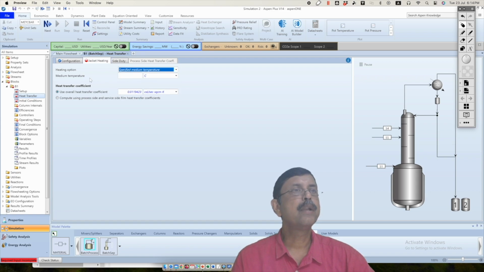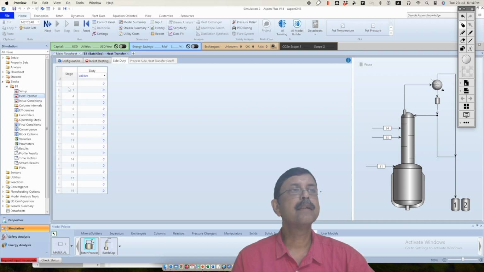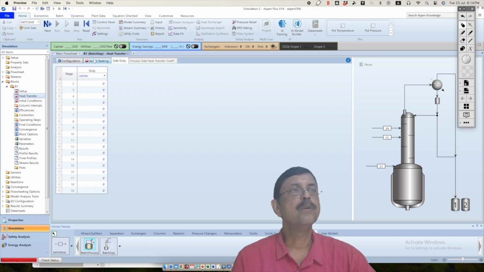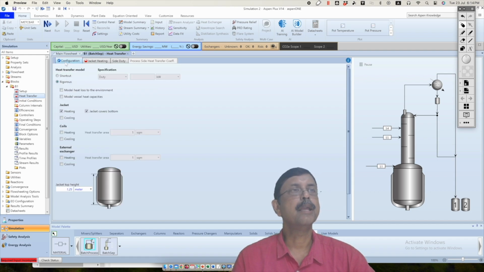So the corresponding information needs to be given, or you can provide the side duty, because suppose there are 20 stages. Obviously, stage number 1 is the condenser, you take it out, and stage number 20, the pot, you take out. So from stage number 2 to stage number 19, each and every stage you can provide the heat duty separately. Okay, if you have that information, you can provide them separately.